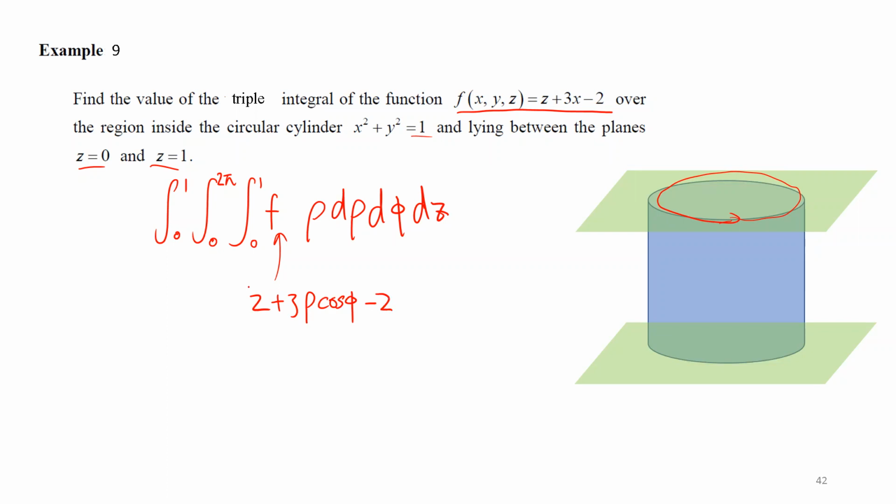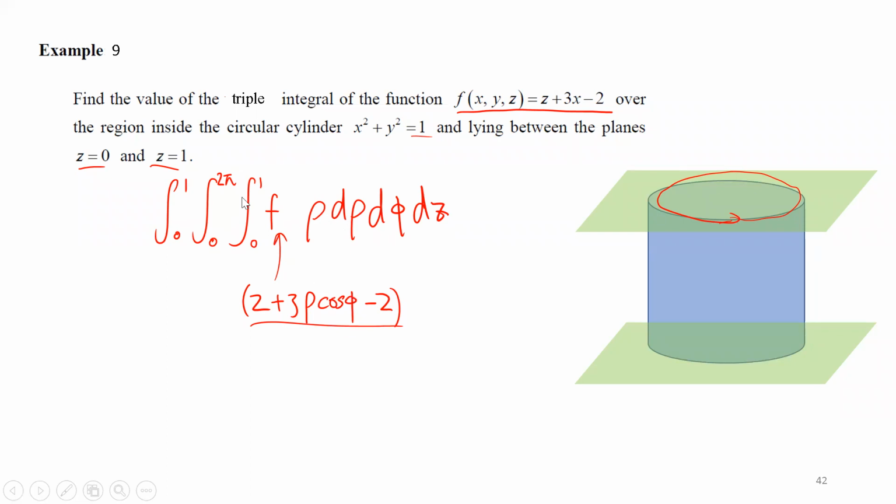Then what you need to do is the triple integral for this function. One thing you can see is that this is more convenient than what we did last time, because now all the limits are just constant. When you do the inner integral d rho, you treat rho as the variable and phi as a constant.